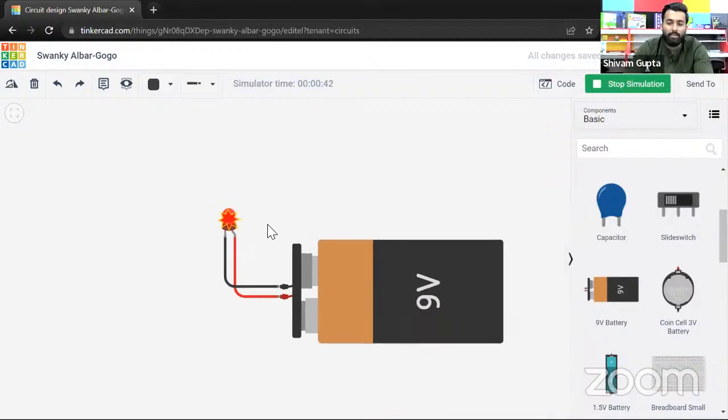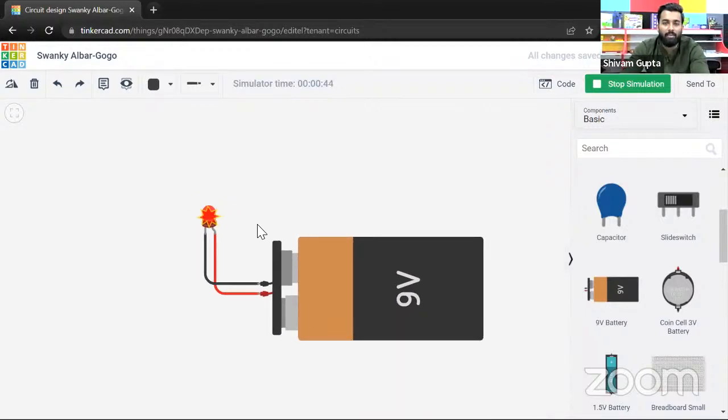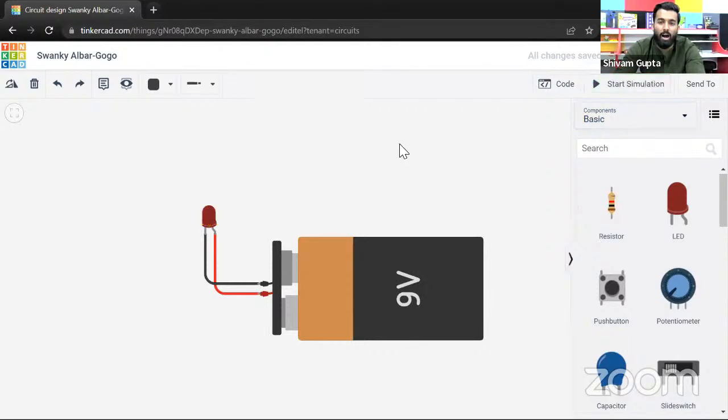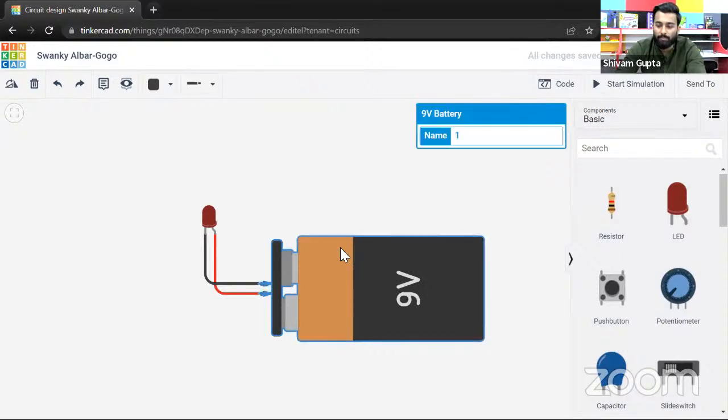There is a component that you all have heard of, that is the resistor, right? So we can use a resistor. And apart from the resistor, there is one more thing that we will be using, that is a voltage regulator. For making this entire circuit, we will be using a hardware component as well, that is the breadboard.